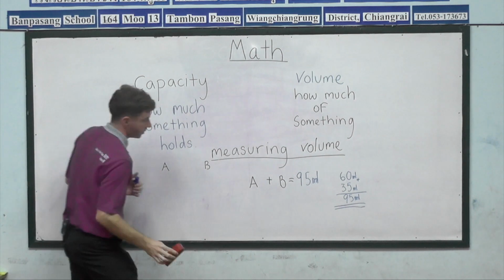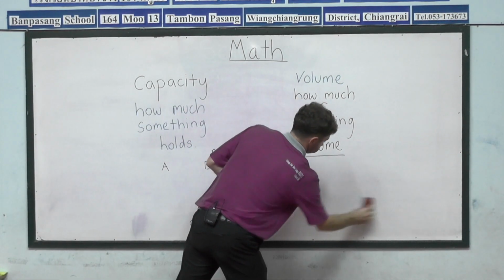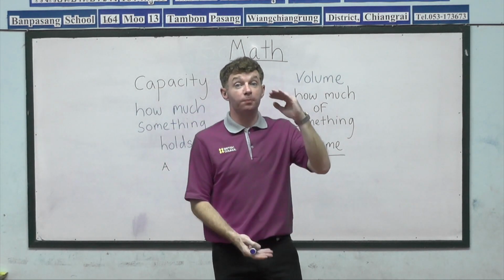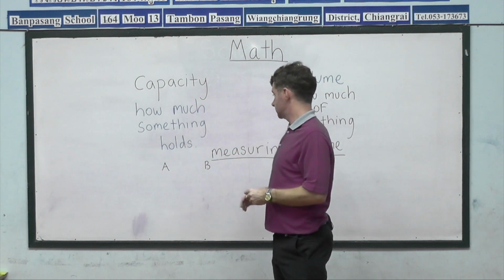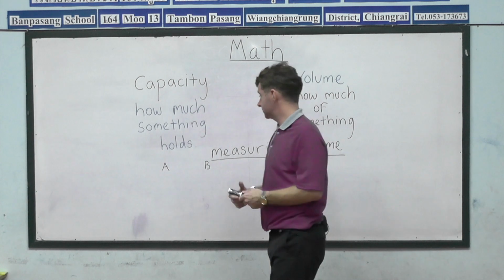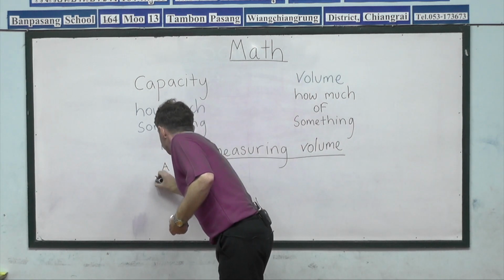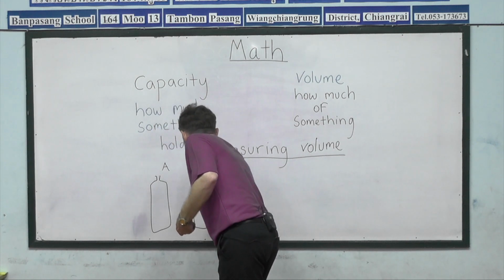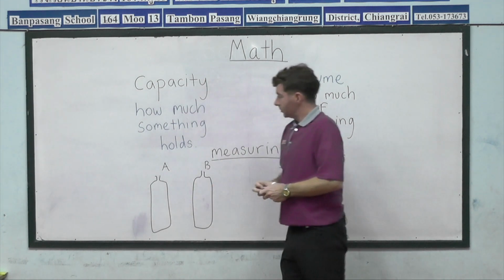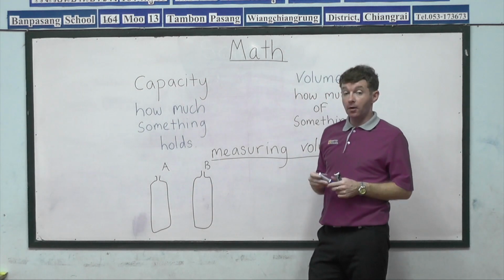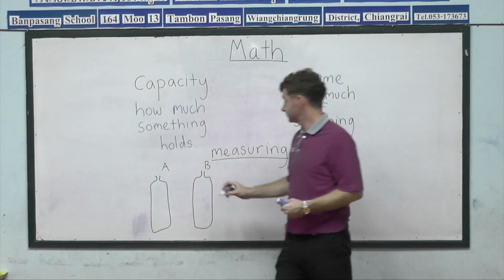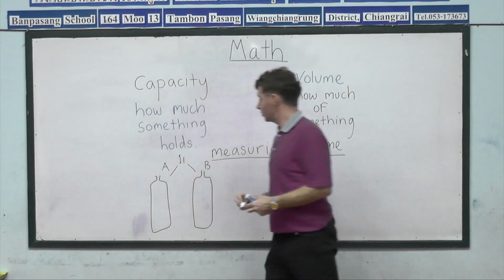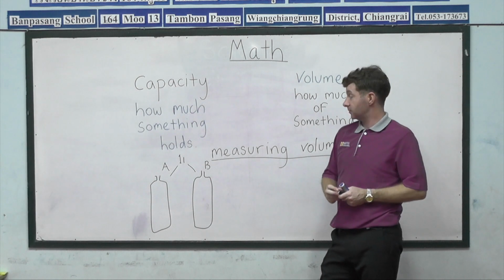We'll do one more before our worksheet activity. And this time we'll make it a little bit harder because we're going to use bottles that are bigger. So let's see, we'll have bottle A and bottle B. The capacity of each bottle is 1 liter.